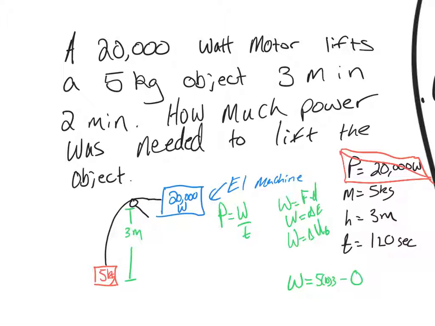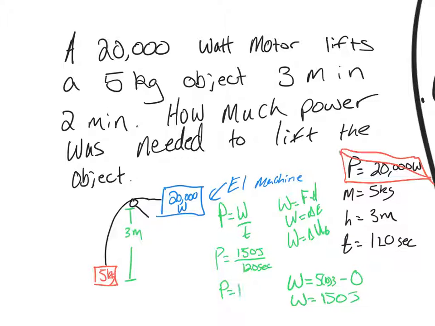So if you do this, you would get 30 times 5 is 150 joules of energy. And now we need to find power. So power is equal to work divided by time, 150 joules divided by 120 seconds, which is 1.25 watts.